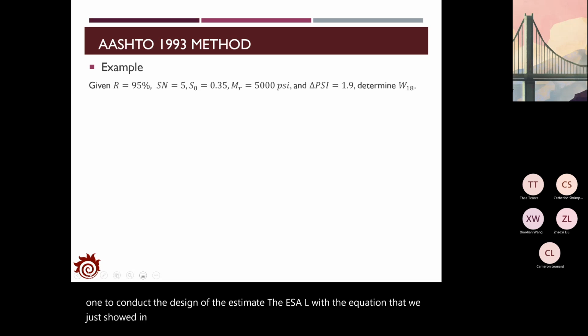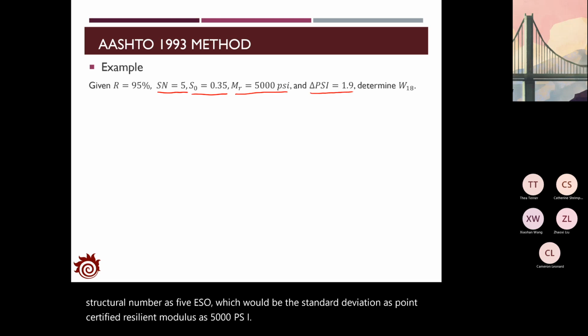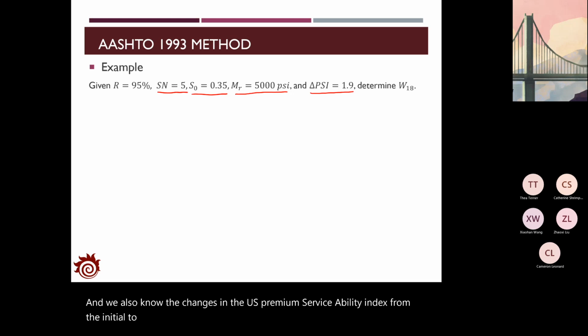In this example, we are provided with the reliability as 95%, structural number as 5, S0, which would be the standard deviation, as 0.35, resilient modulus as 5,000 psi, and we also know the change in the pavement serviceability index from the initial to the terminal status. With this information, we can then calculate the ESAL.